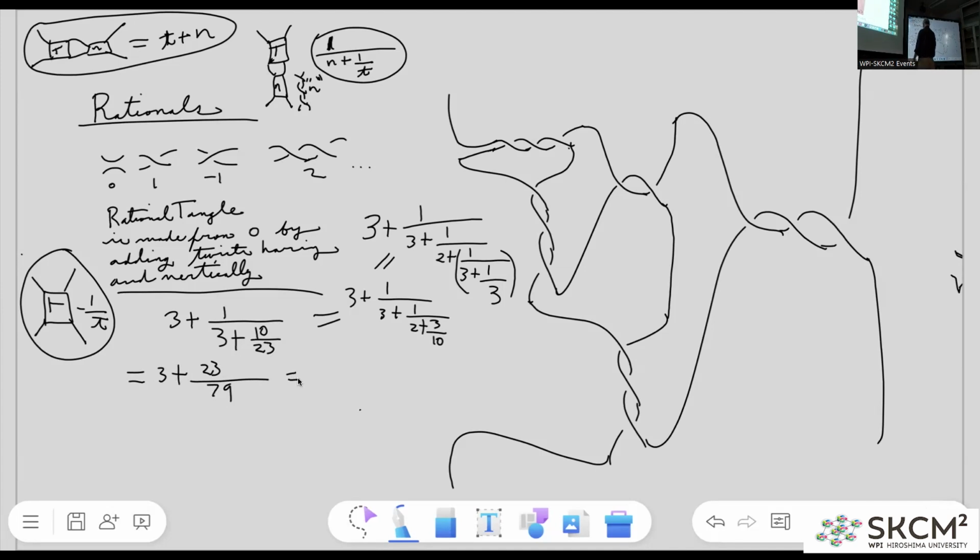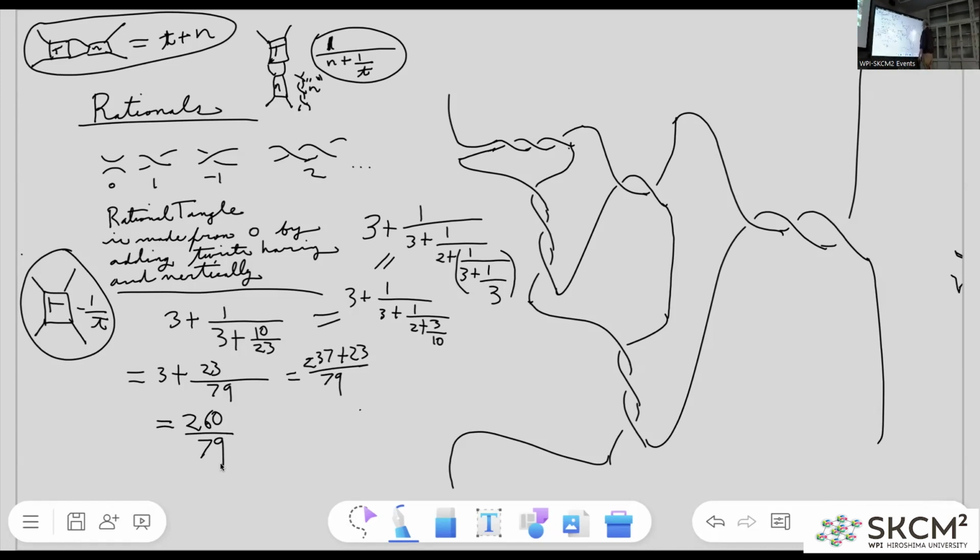And then that's equal to 3 times 79, which is 237, plus 23 divided by 79, which is 260 divided by 79. So I hope that is correct. 210 and 27 is 237. Yeah, okay. So 260 divided by 79.